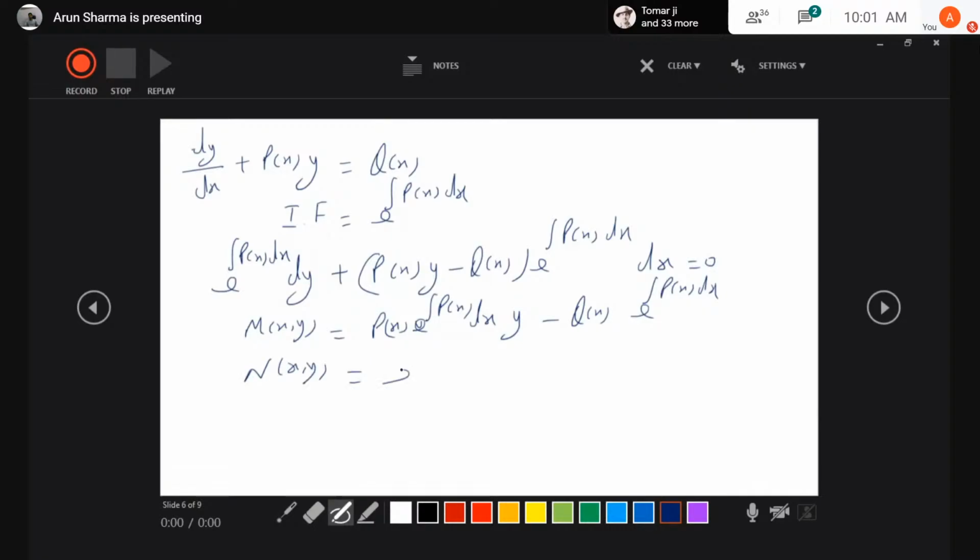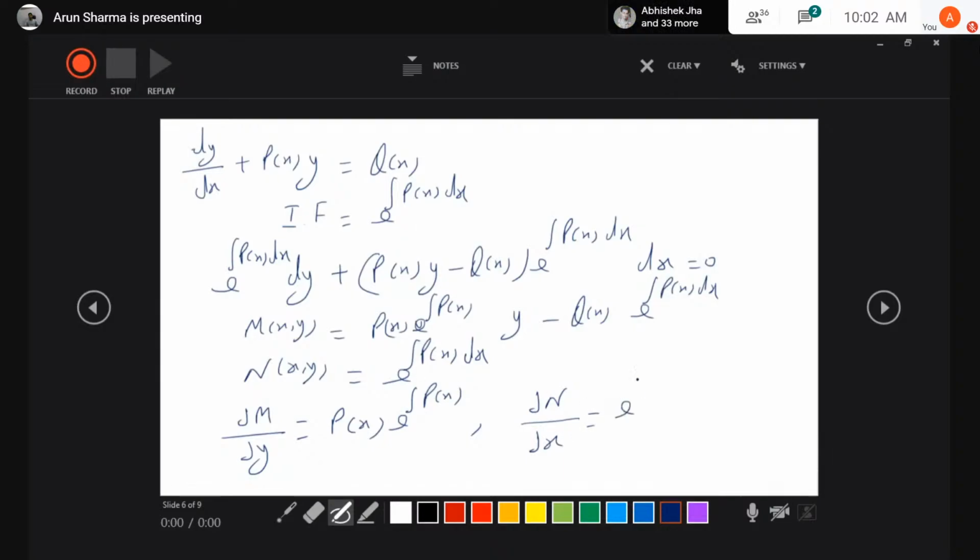and N(x,y) is e to the power px dx. Verify it also, right? So what is del M upon del y? Del M upon del y is px e to the power px dx, okay, and del N upon del x is what?